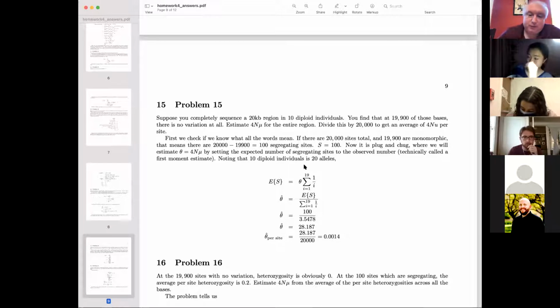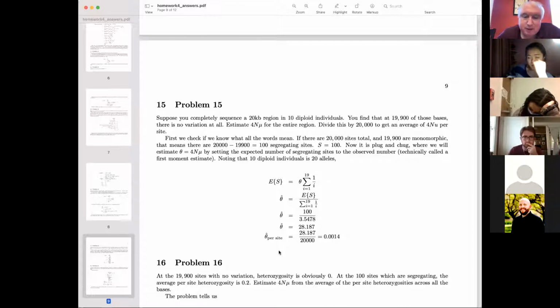And then if we observe some number of sites, we can back calculate and figure out what theta probably is, or at least an estimate of it is, and see if they're in any way compatible with one another. It'll be one of our useful data sanity checks the rest of our life.